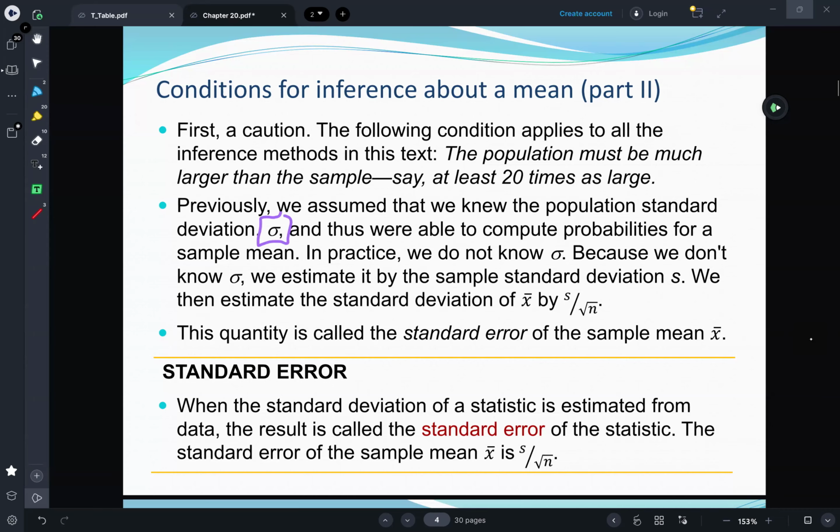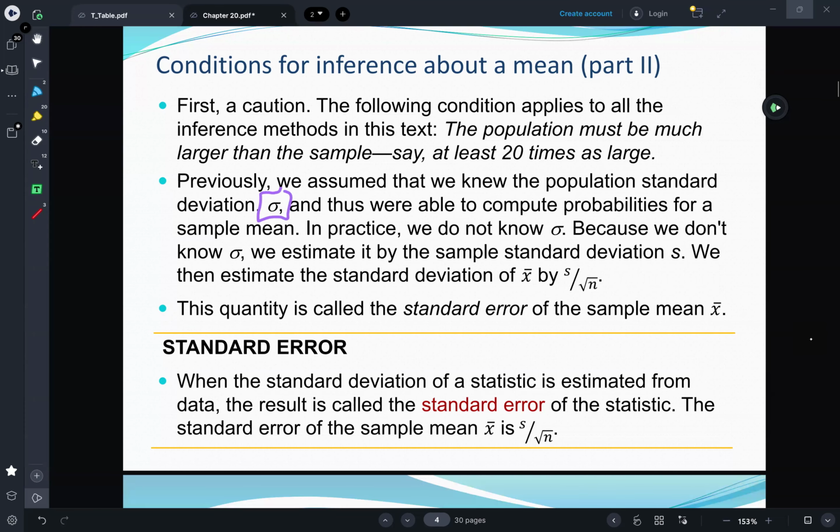So we will estimate it with s. Do you remember s from way back in chapter 2? Remember how we calculated s? It was the square root of the sum of each value minus the mean, squared, divided by n minus 1.